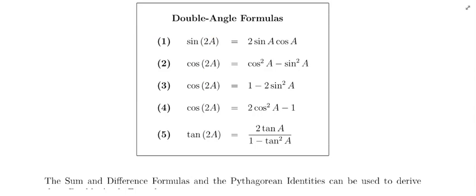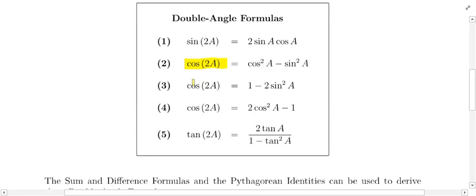I am going to read through these, and then we are going to derive them. The first double angle formula is about sine. The sine of 2A is equal to 2 times the sine of A times the cosine of A. Equations 2, 3, and 4 are all different, but each one is a formula for the cosine of 2A.